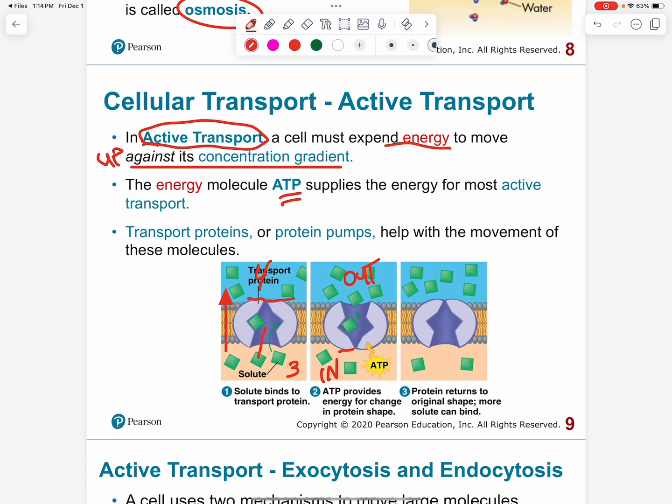Then it's going to close once they're inside. Going to close to the inside and open to the outside to allow it to go out. The energy required for this protein to change its shape, it's ATP. So that's why energy is required. And now you have 2 here and 6 up there. That's active transport.